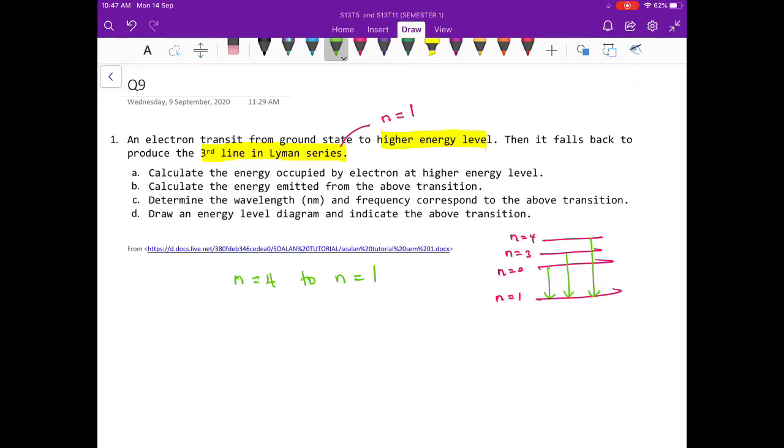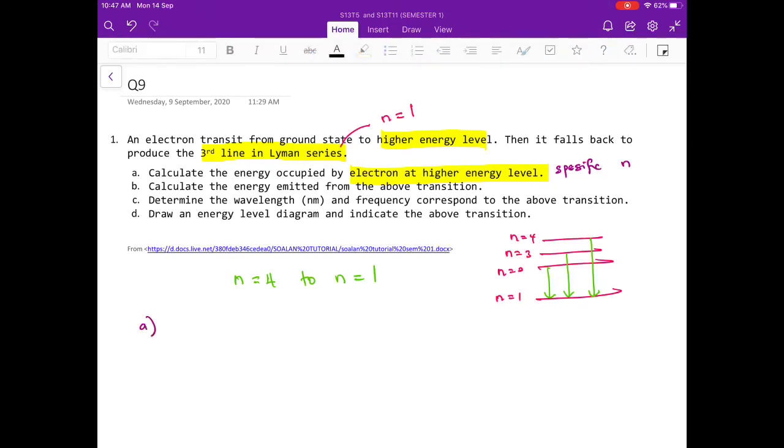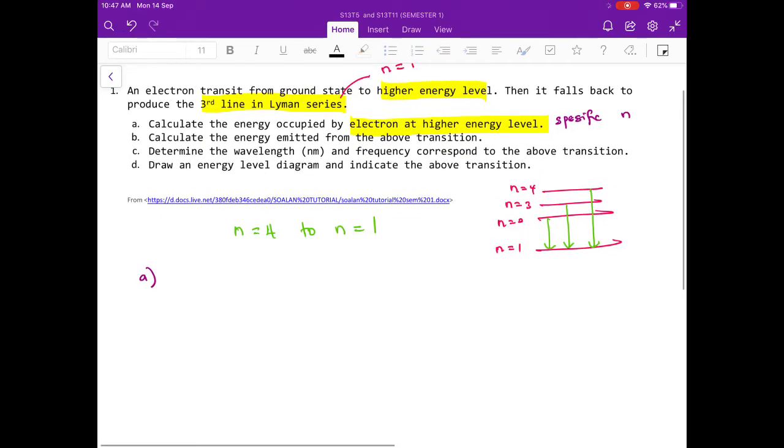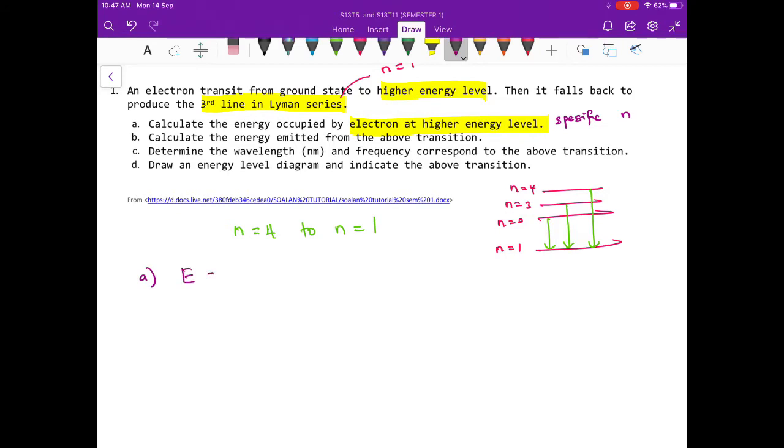Okay, now calculate the energy occupied by the electron at the higher level. So energy at the higher level means energy at a specific n. So how to calculate? In this case we can apply E is equal to negative RH times 1 over n squared, because it is at a specific level.